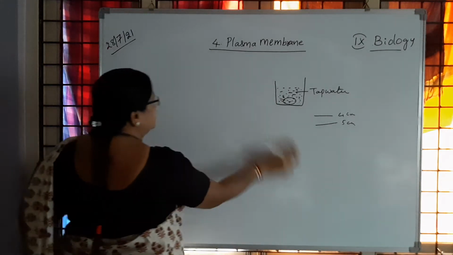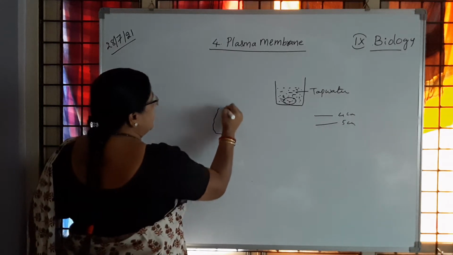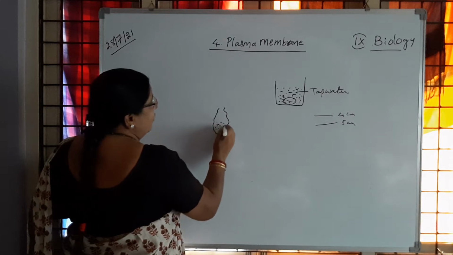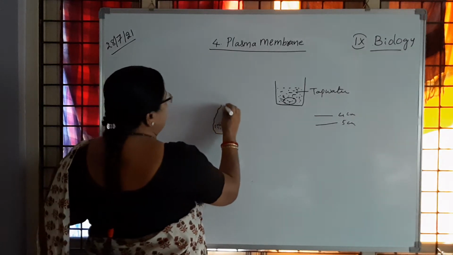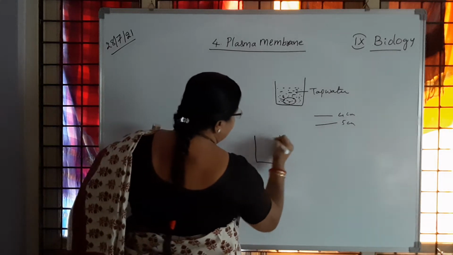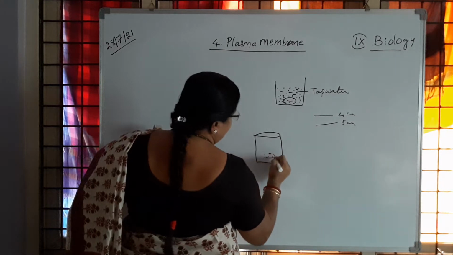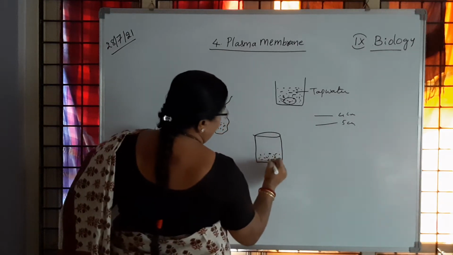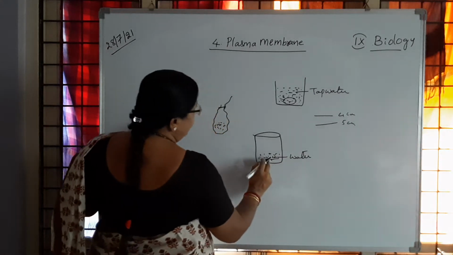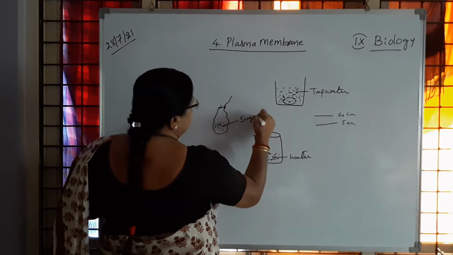So now that egg membrane which we got, in one way we have to fill it with water, and we have to tie its mouth with a thread, and keep that in the beaker where it contains sugar solution.